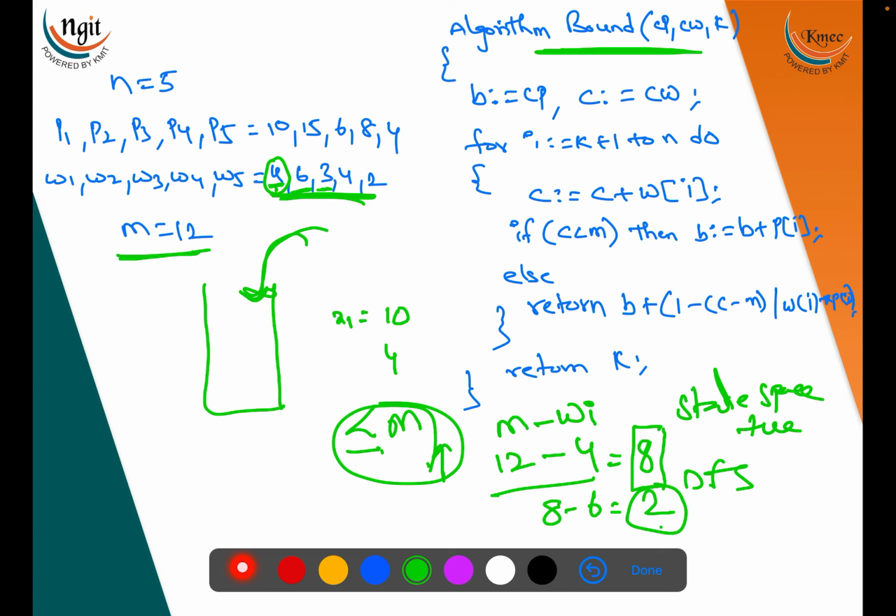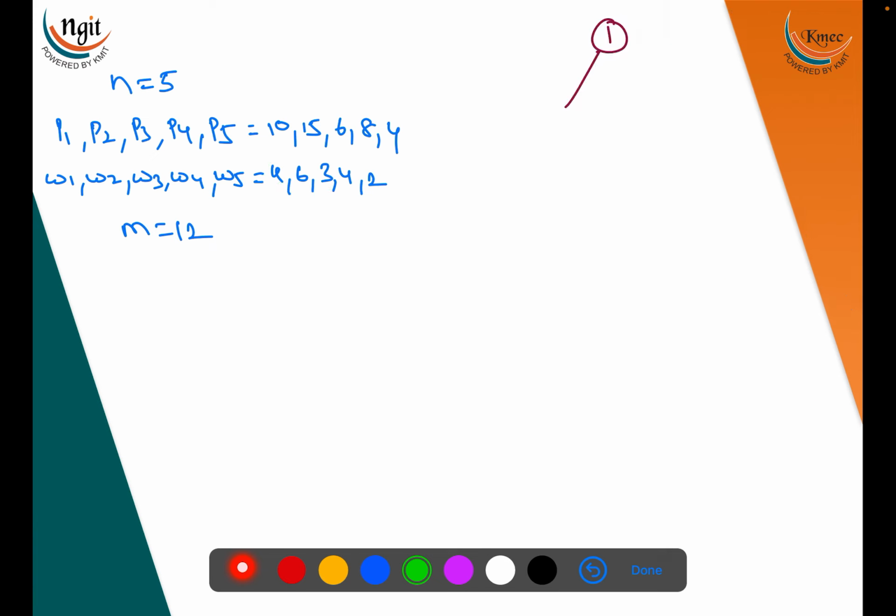The cost you are left with should not be more than what you want to get, correct? So the bound function is a constraint applied on the knapsack to kill the node generated in the state space tree. Now let's see how the state space tree will get generated. So the first node I'm just taking now.